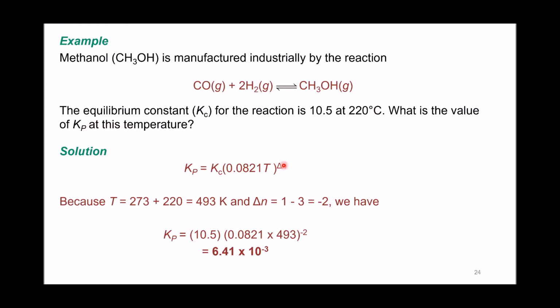And the power is going to be the change in number of moles, which is the number of moles of the products, 1, minus the sum of the number of moles of the reactants, which is 3. So the change in number of moles is -2. So you plug in the numbers and you get the pressure-based equilibrium constant. And as you can see, it's significantly different from the concentration-based equilibrium constant.